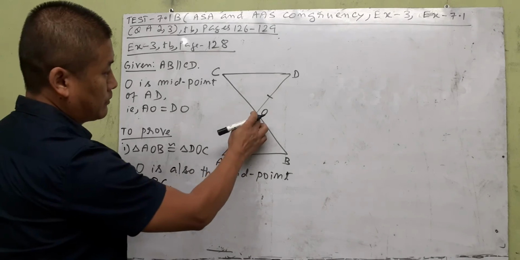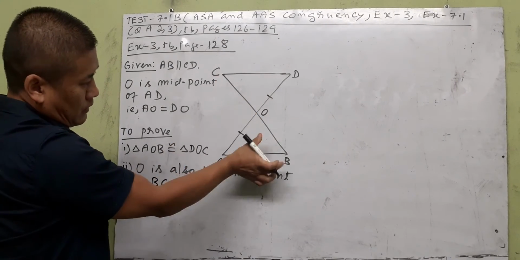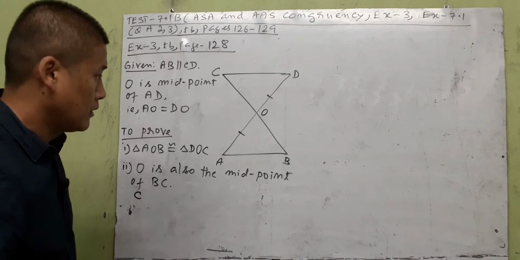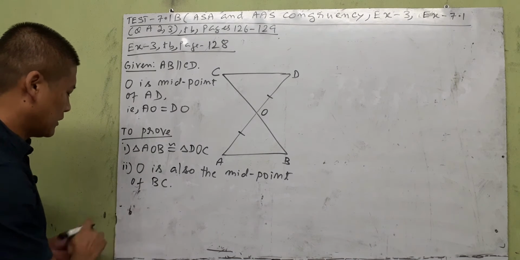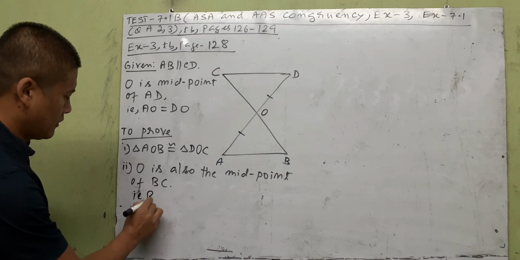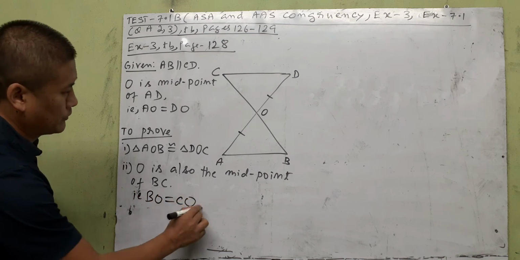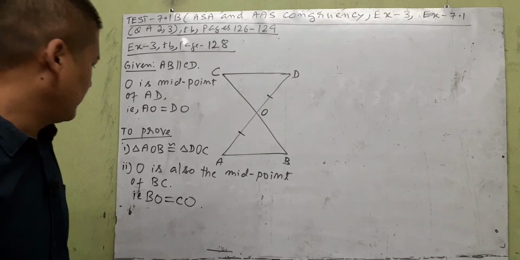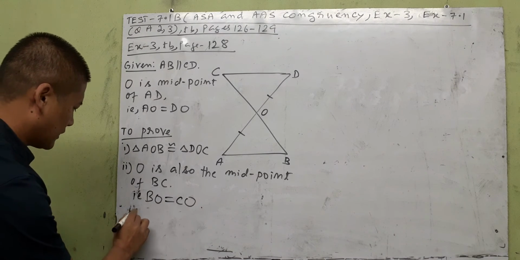In other words, O is the midpoint of BC means BO equal to CO. You can write BO equal to CO or CO equal to BO, up to you. That is, you have to prove BO is equal to CO. O is the middle point of this BC. Okay, so let us prove that.